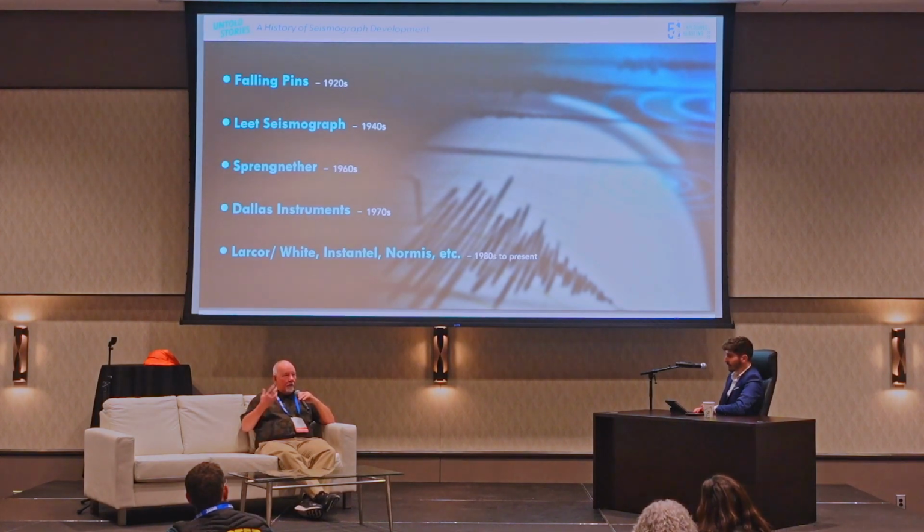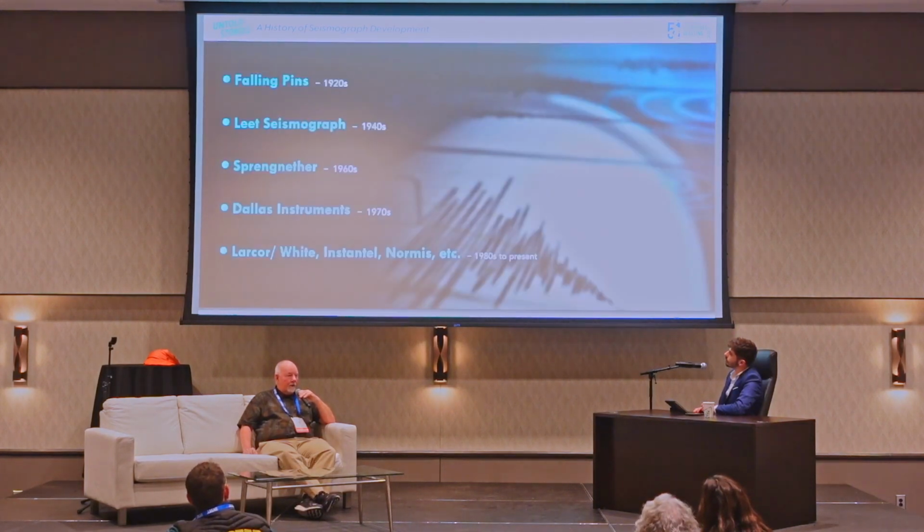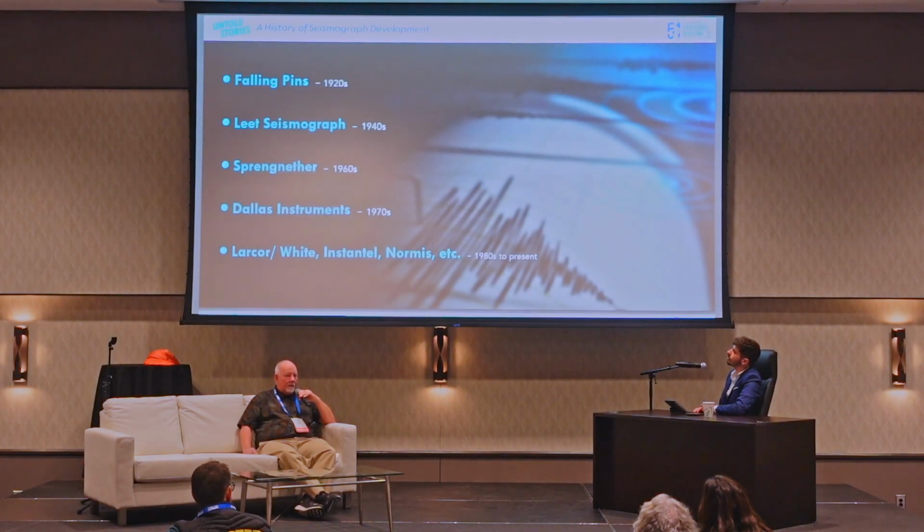So if you look up there, you'll see something called a falling pin seismograph, developed in the 1920s. Then we also have the lead seismograph, developed in the 40s, and I've got the spring nether listed as being in the 60s, but I really think it was probably in the 40s as well. And then once we get into the 1970s, you have Dallas Instruments.